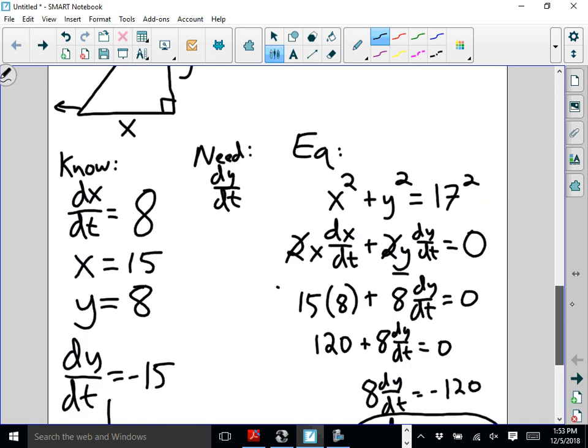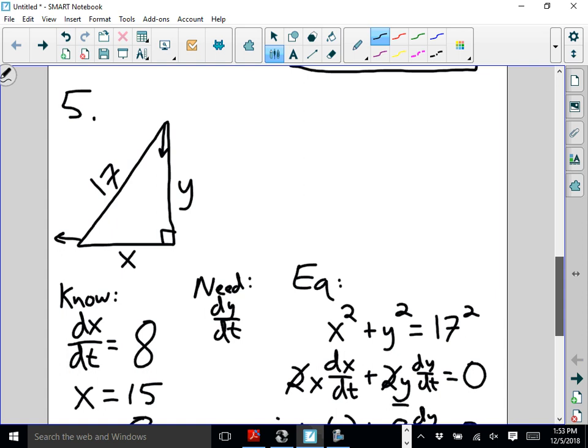Now I know the area of a triangle is half base times height, but I'm not going to write A equals half bh because I didn't label the base b and I didn't label the height h. If I did, I'd use that equation. I labeled the base x and I labeled the height y, so I'm going to say area equals half xy.